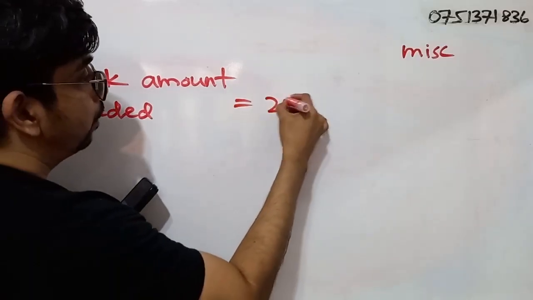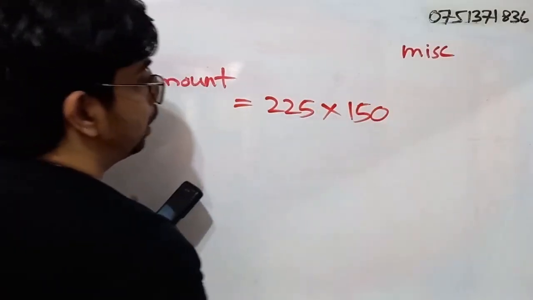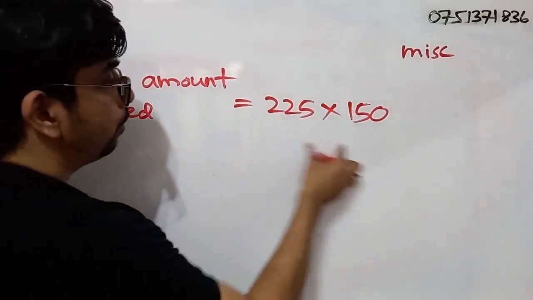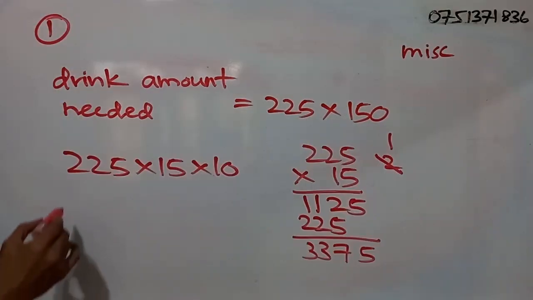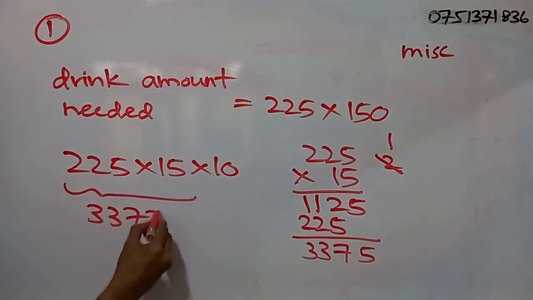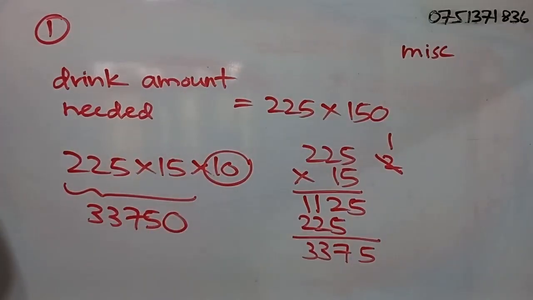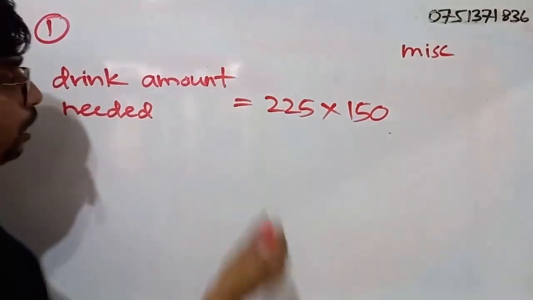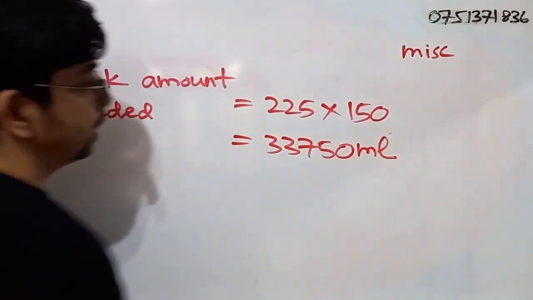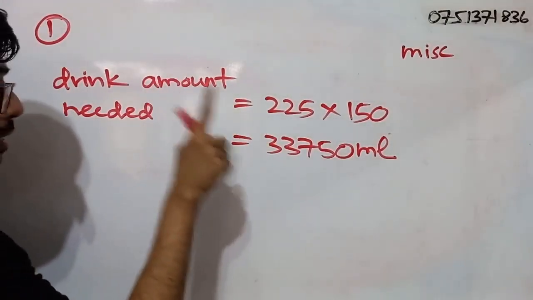Each guest is served a cup of 150 milliliters. So 225 into 150. So 225 into 15, what do we get? 3375. When we multiply that by 10, we get 33,750 milliliters. This is the amount of drink that is needed.